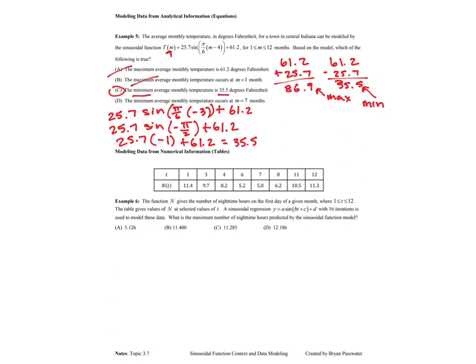It's the minimum average. You do the same thing with D. Minimum average monthly temperature occurs at M equals 7. You evaluate T of 7. Seven minus 4. What would that be? 3.